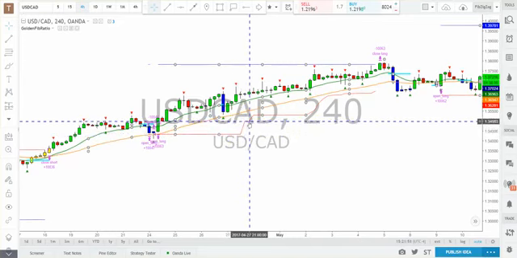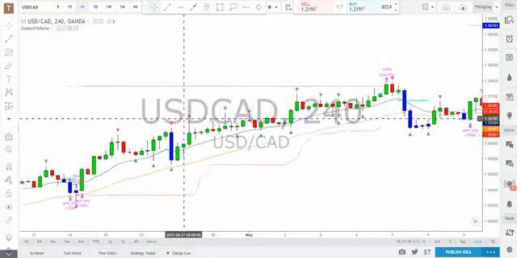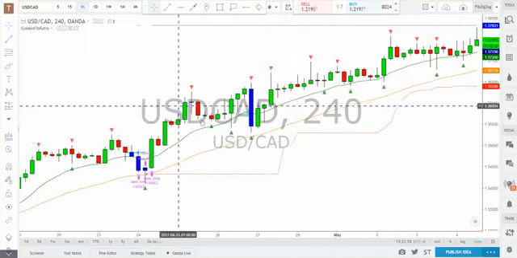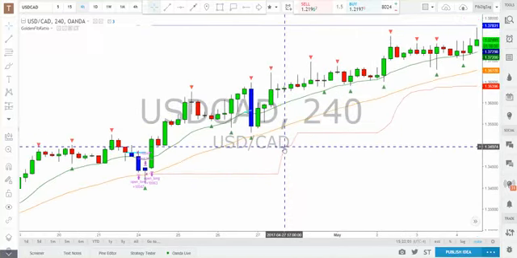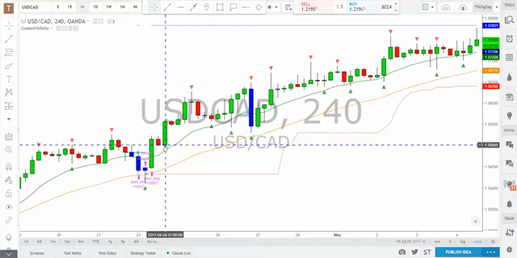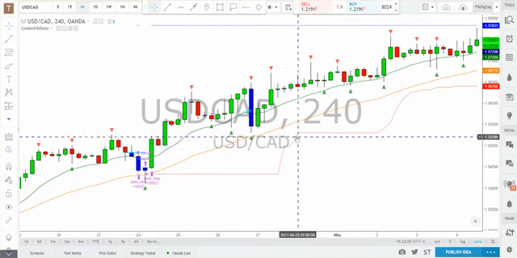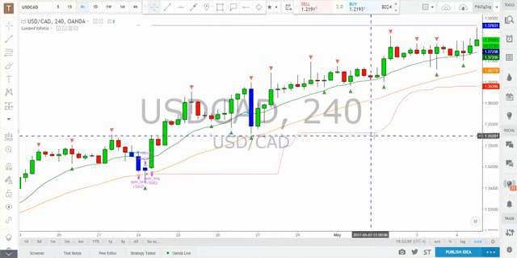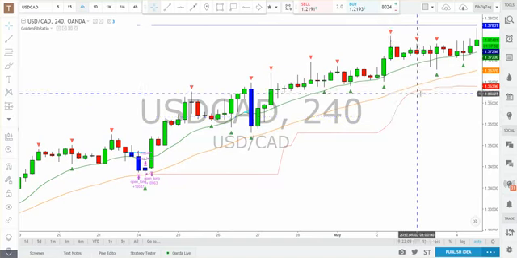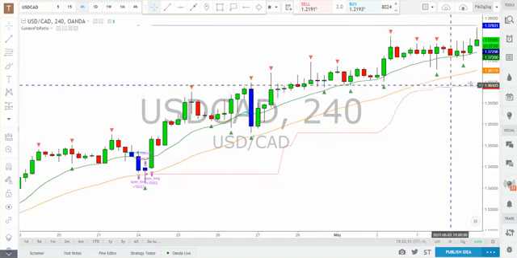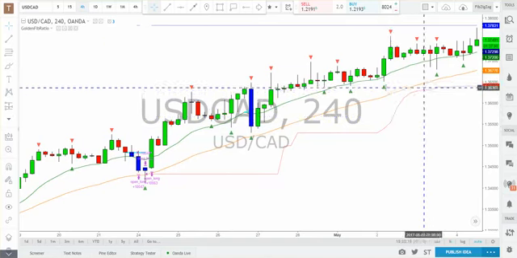So in this case, if we zoom in a little bit here, the lowest low is this candle, and as that value changes, the stop changes as well. It's just a great way to capture a trend.